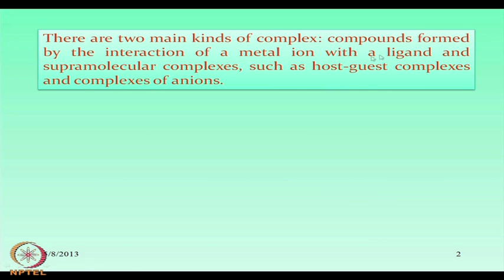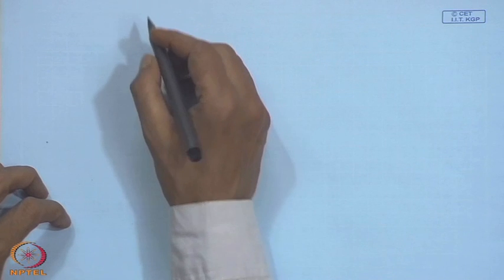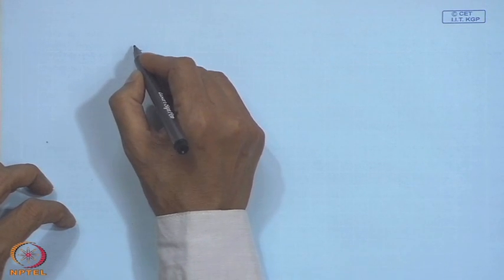In these cases we can have two kinds of complexes. When metal and ligand are forming, it is one complex, and the other is supramolecular complexes such as host guest complexes and complexes of anions.